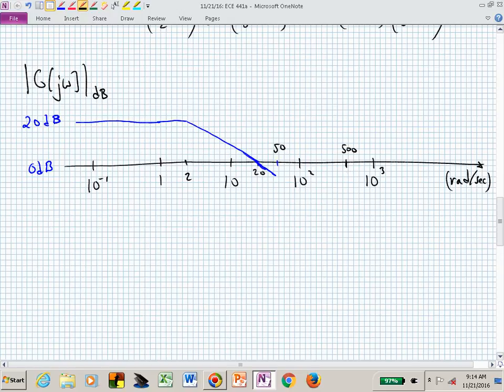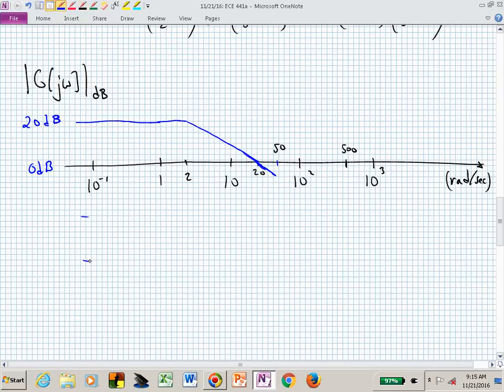Let's say I was at 6 dB at 50. Where am I going to be at 500? If I was at minus 6 dB, and I'm going now at 40 dB per decade, I would be at minus 46. So I would come over here and find minus 46, wherever that is.